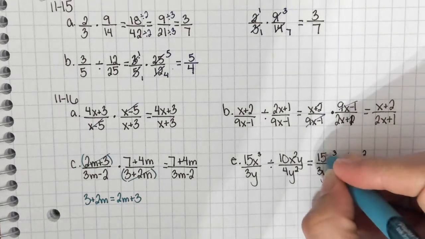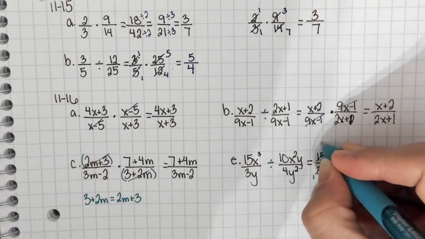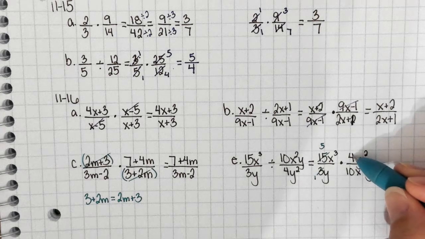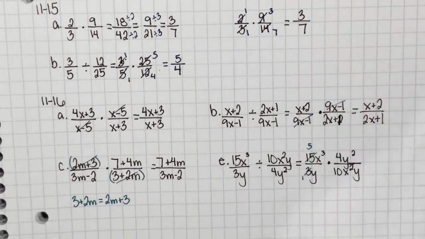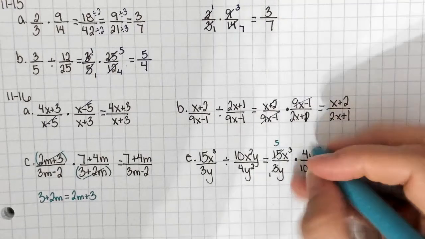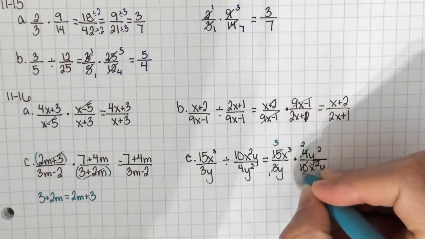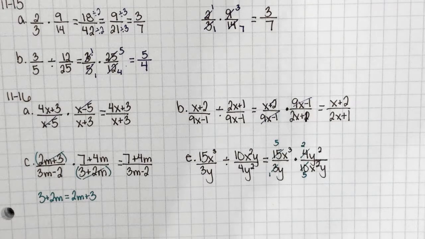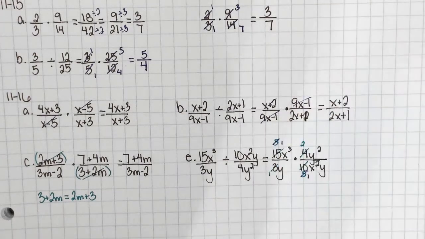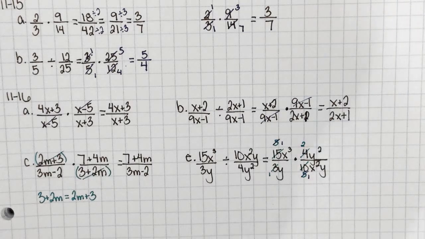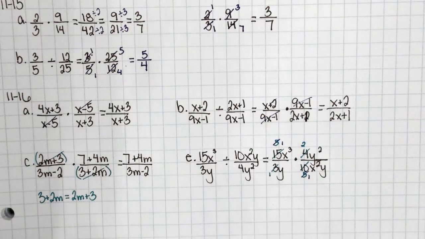So 15 and 3, this can become a 1 and a 5. 4 and 10, 2 goes into both of those. So this can become 2 and 5. And then from here, the 5s can go away. Again, I was just doing the numbers in front, the coefficients.